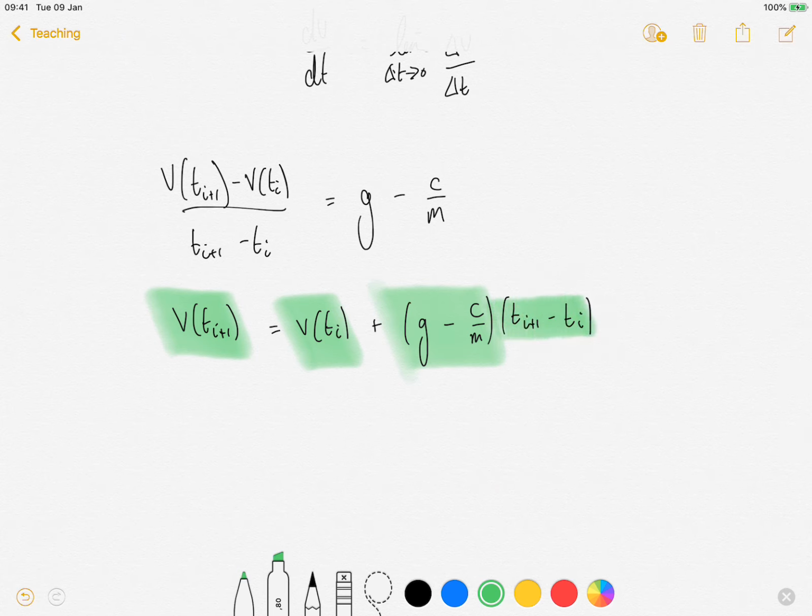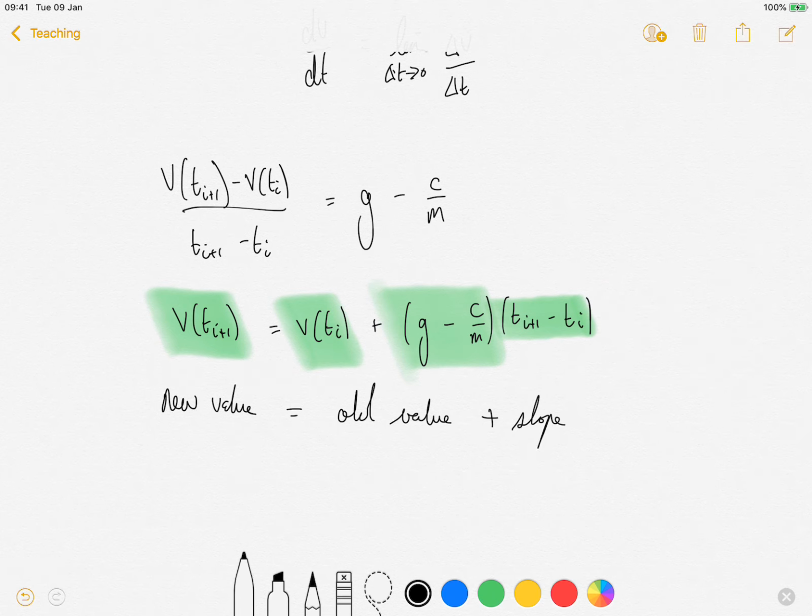Now this represents a simple linear equation where the new value is equal to the old value plus the slope multiplied by our time step, delta t. And this is formally called Euler's method. So now let's apply that to the falling parcel.